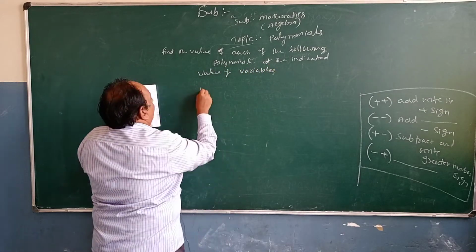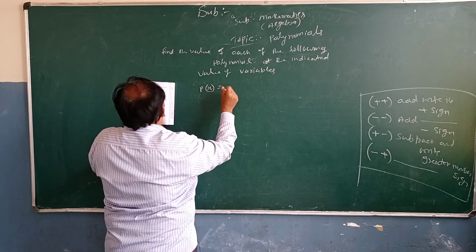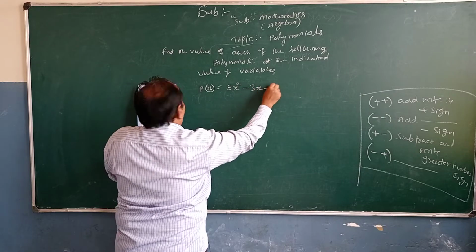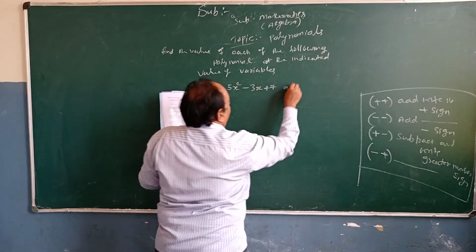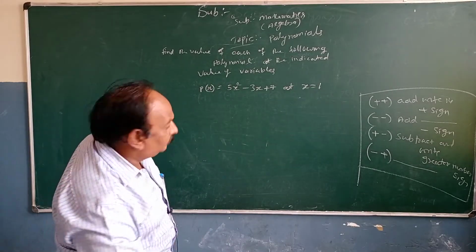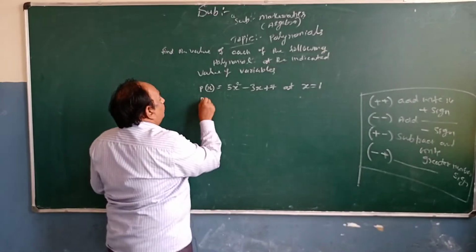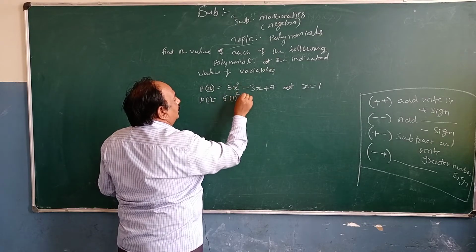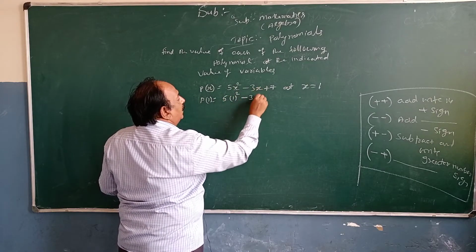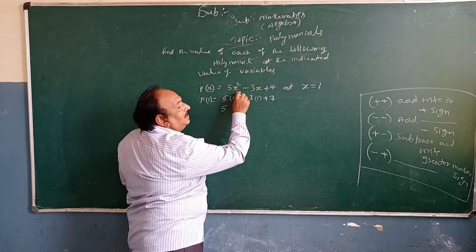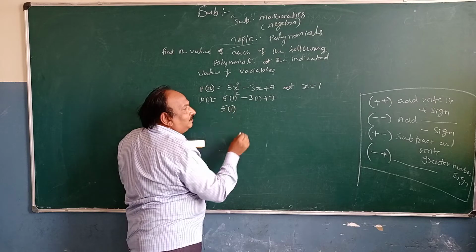First one is P of x is equal to 5x square minus 3x plus 7 at x is equal to 1. P of 1 is 5 into 1 square minus 3 into 1 plus 7. 5 into 1 square is 5, because 1 multiplied any number of times is 1.